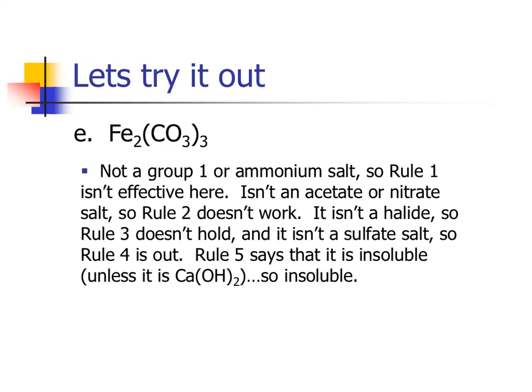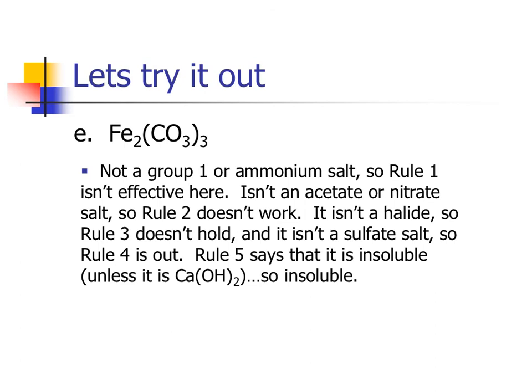And the last example is iron(III) carbonate. Iron is not a group 1 or an ammonium salt, so we don't have a rule there. Rules 2, 3, and 4 don't apply because it's not a nitrate or acetate.